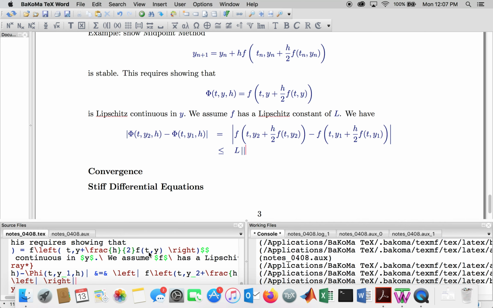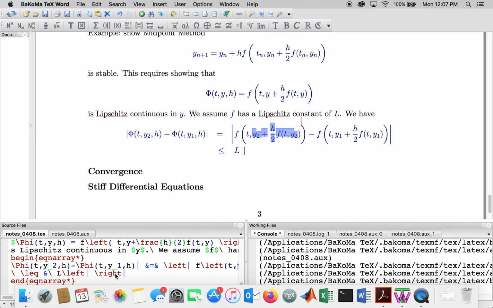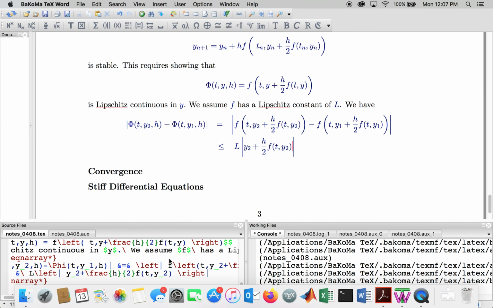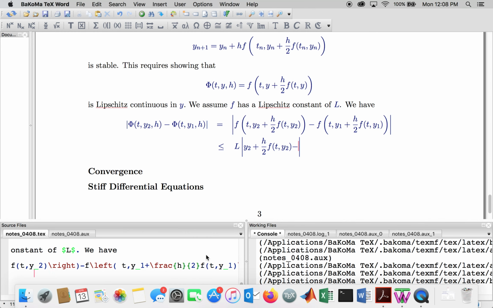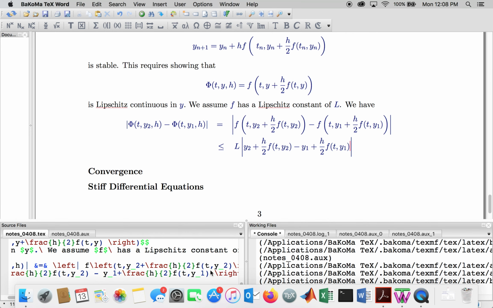So what I would have is this argument for the first call to f minus the second argument of this usage of f.